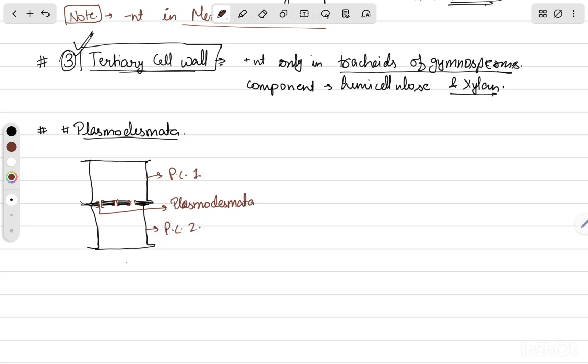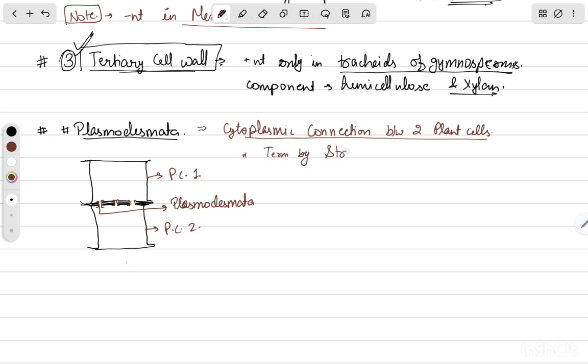So plasmodesmata is nothing but cytoplasmic connections between two plant cells, right? Or we can say cytoplasmic bridges between two plant cells. The term plasmodesmata was given by Strasburger in 1901.